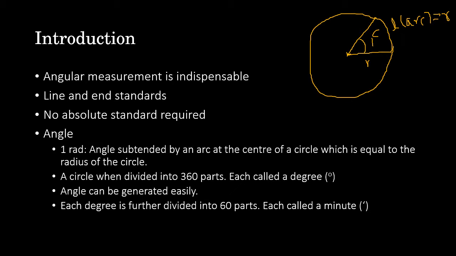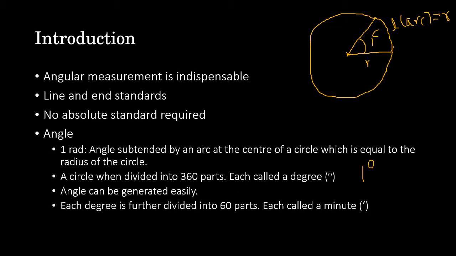Then each degree is further divided into 60 parts, and each part, or 1/60th part of a degree, is called a minute. So this is not the minute that we use for time. Okay, so we have 1 degree angle when we divide a circle into 360 parts. So 1/360th part of the circle is 1 degree.